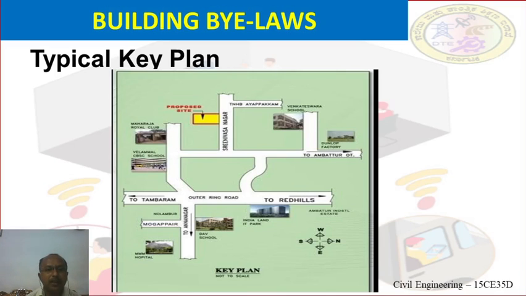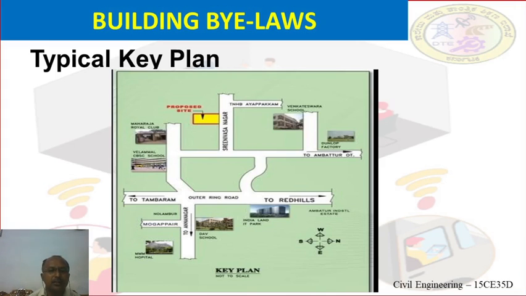The key plan shows the ring roads, that means the different types of roads surrounding the proposed building site, and the educational institutions, hospitals and any other institutions.